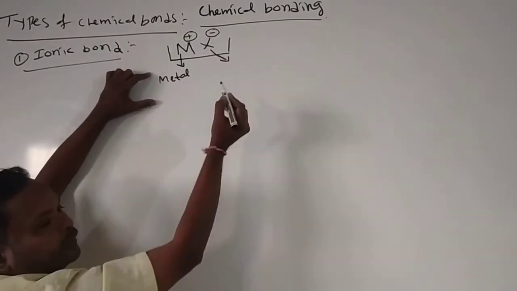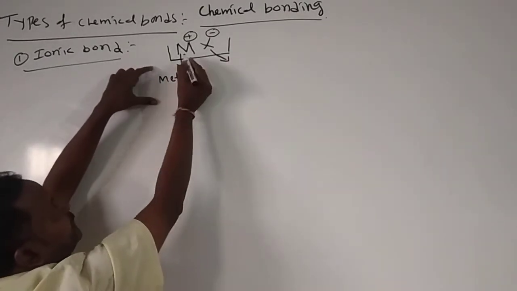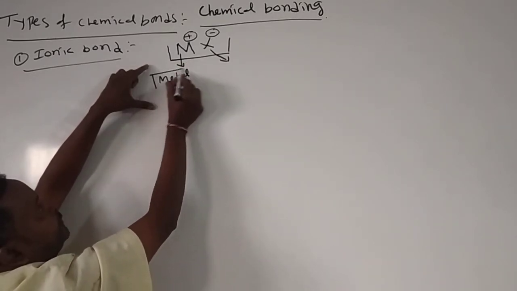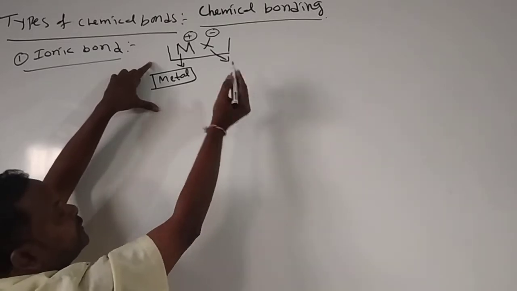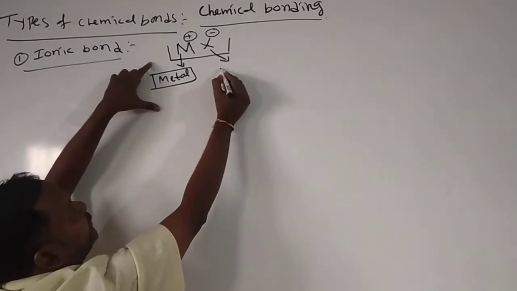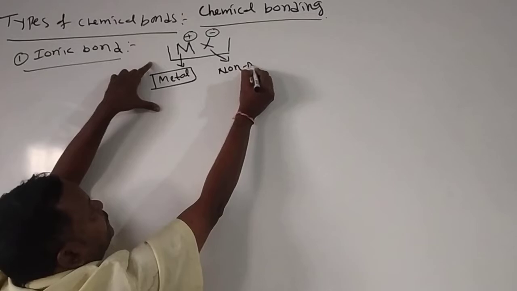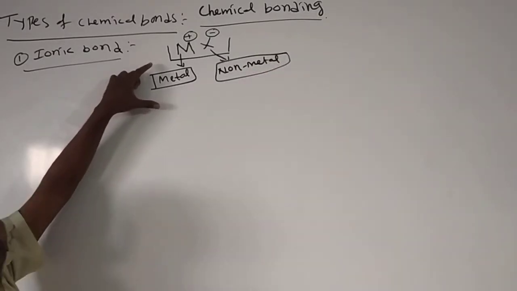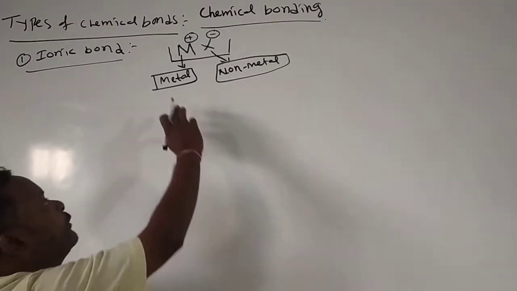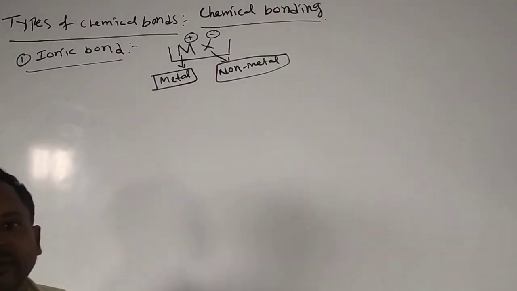X minus always gains electrons, so it should be a non-metal. This ionic bond is observed between a metal and a non-metal.